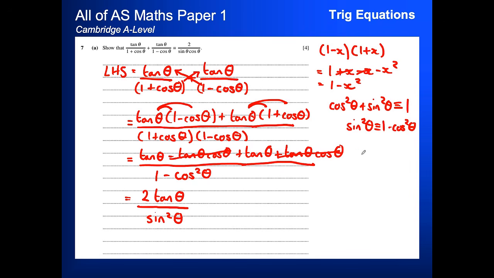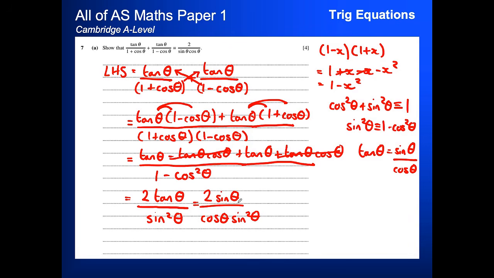However, something else we need to know on the course is that tan theta is equal to sine theta over cos theta. So I can now replace the tan theta with sine over cos. That gives me 2 sine theta over cos theta sine squared theta. And now we have a cancellation of the sine thetas.